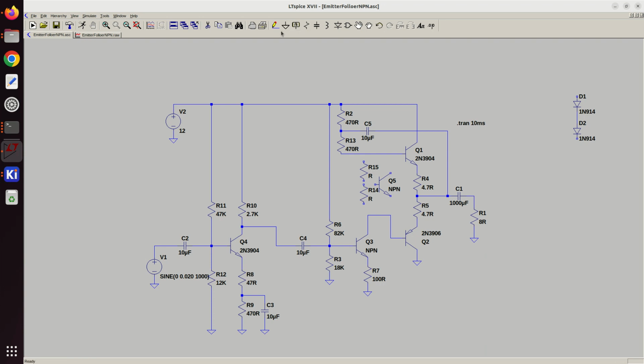And we won't see any real change in the output here. Because I'm guessing that in simulation the diodes are all pretty perfect and match.